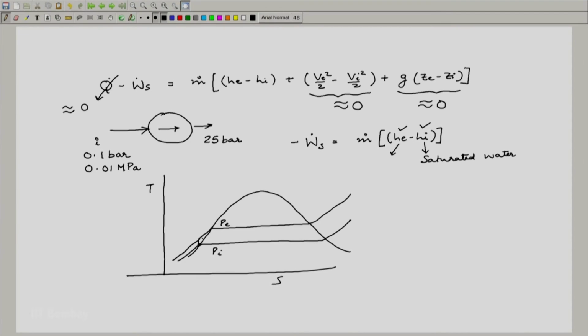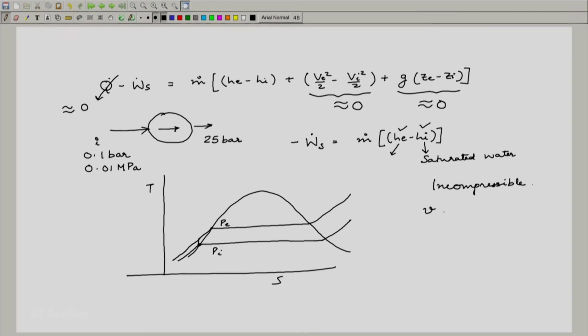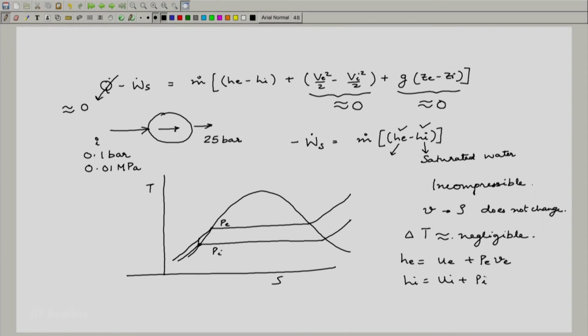So really there is a change in temperature, but what we assume is that this fluid is incompressible, and then P is the only quantity which is of significance which is changing here, and the specific volume does not change, that is rho does not change, and though the diagram says that there may be some difference in T, by our assumption delta T is negligible, in which case we just write down HE is UE plus PE VE, HI is UI plus PI VI.